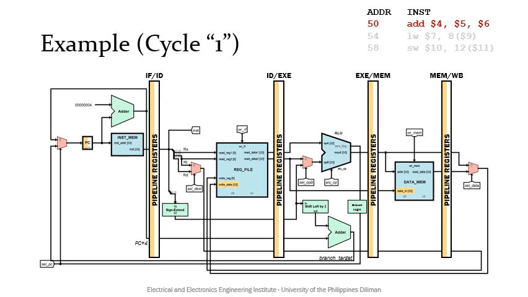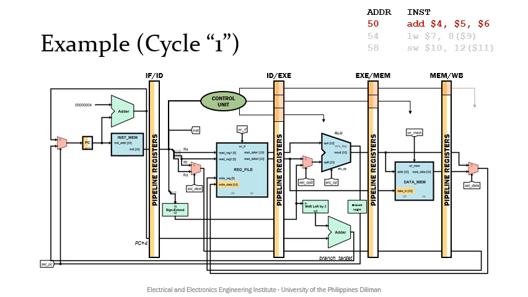Since the control unit will have to decode one new instruction every clock cycle, one way to approach the pipeline data path control is to generate all the necessary control signals at the ID stage and then delay them into the data path using the pipeline registers as shown.